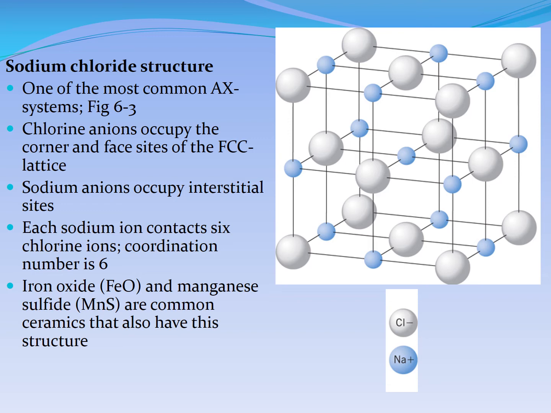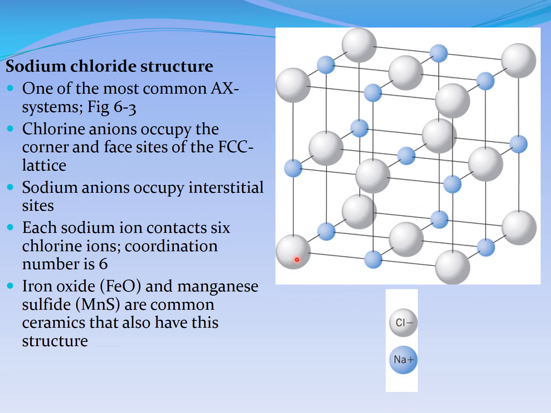Sodium chloride structure, the next structure, sodium chloride. This is still the AX type, one sodium, one chloride, but compared to cesium chloride, this is different. All the white ones are the chlorines, all the blue ones are the sodiums, right?